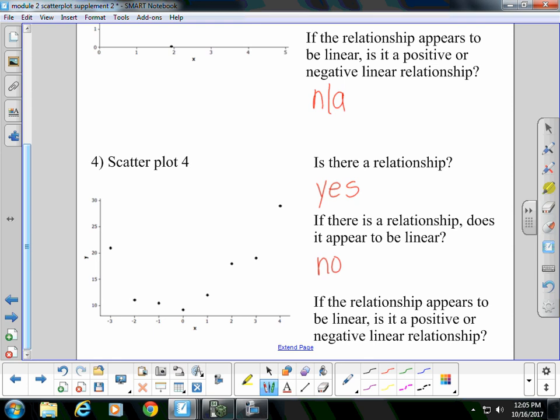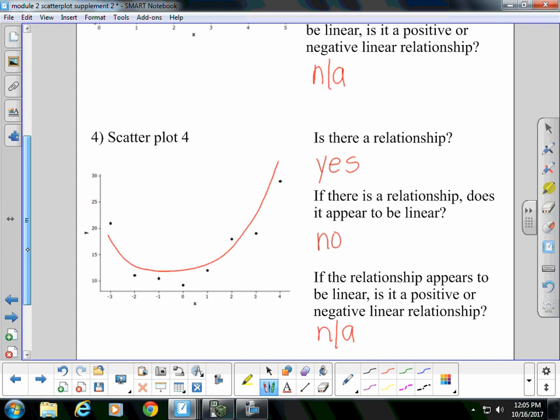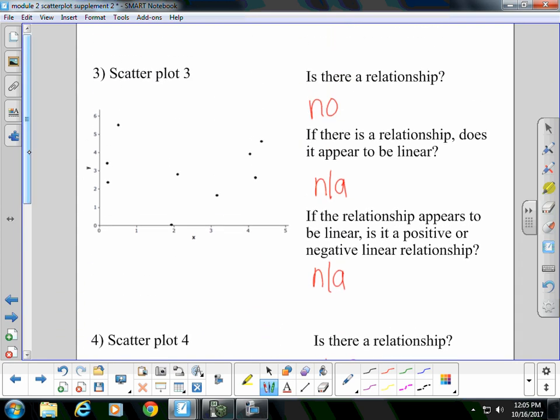But in this case, it looks like there's a curve in the graph, which is a relationship. It's just not a linear relationship. Linear means line. And since it's not linear, then we cannot answer this question. That's why it took me a few minutes to look at this one to see if there was a relationship or not. I'm still saying no on that one.